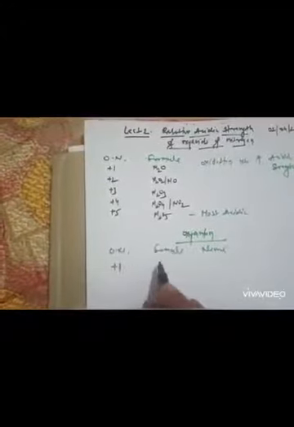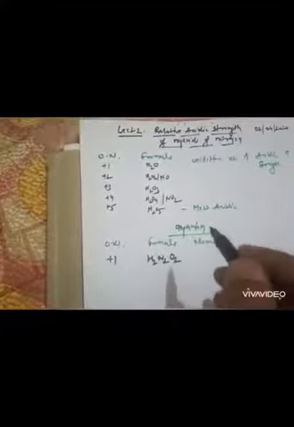The oxidation number +1, formula H2N2O2, is hyponitrous acid. Then +3, HNO2, is nitrous acid.